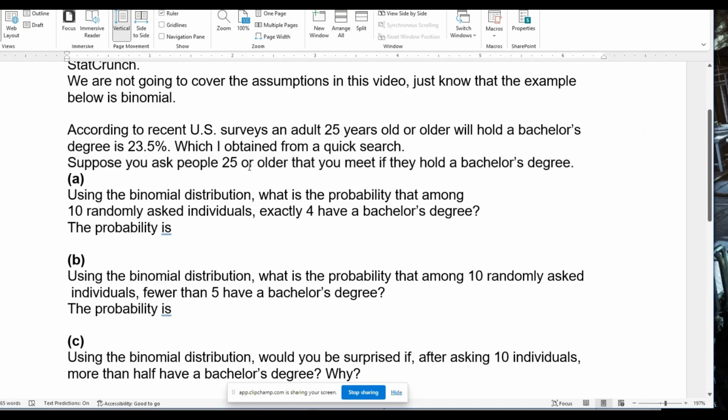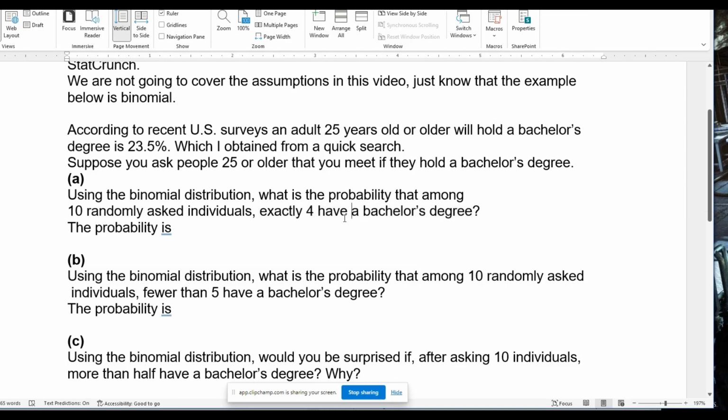So you're meeting people at parties or out with friends, and you're asking them this question. Using the binomial distribution, what is the probability that among 10 randomly asked individuals, exactly 4 have a bachelor's degree, right? So what is that probability that exactly 4 have a bachelor's degree?